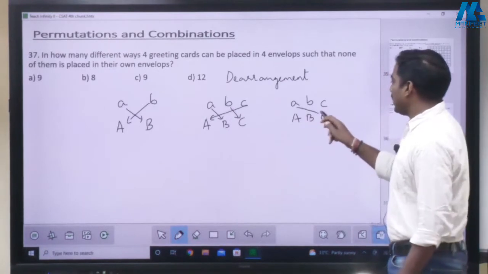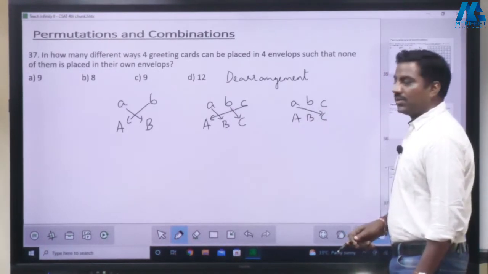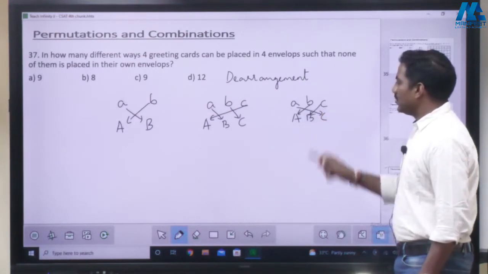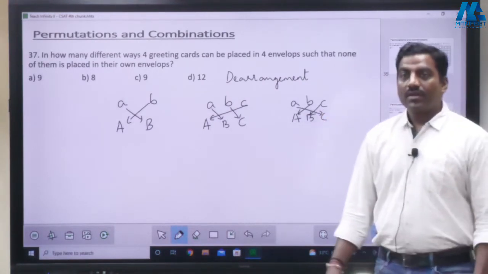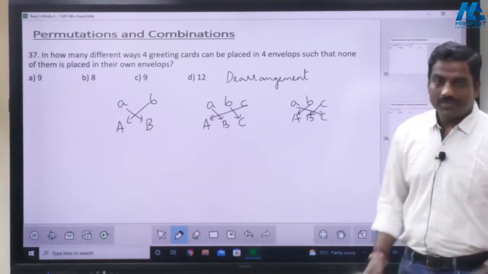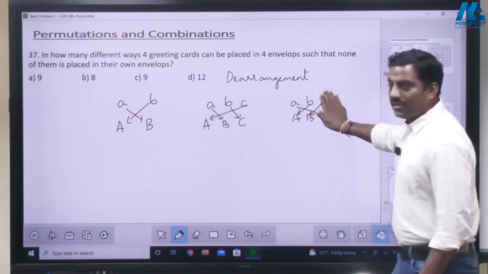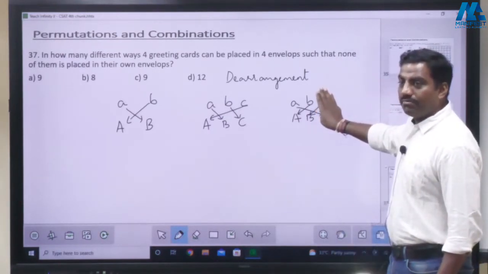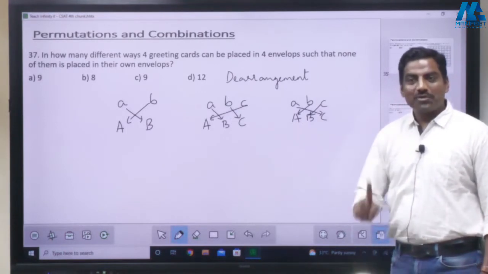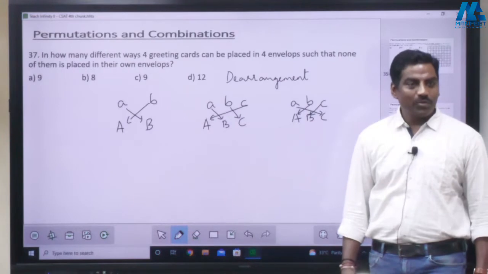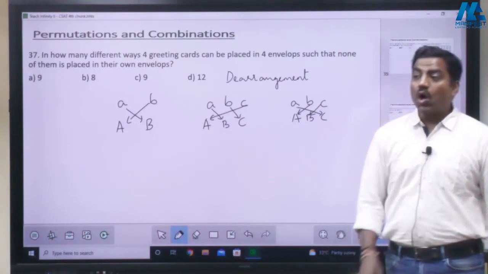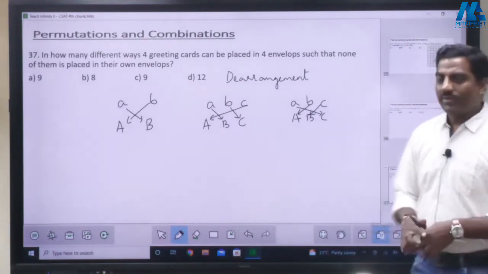Now I'll send A to C. Then I'll send B to A and C to B. Disturbance means everyone has to get disturbed, not just two. Let's say you don't consider C, A is put in B, B is put in A. Then what about C? C has to go inside C only, no? That is not called as dearrangement. Getting my point? All of them should go to different destinations.